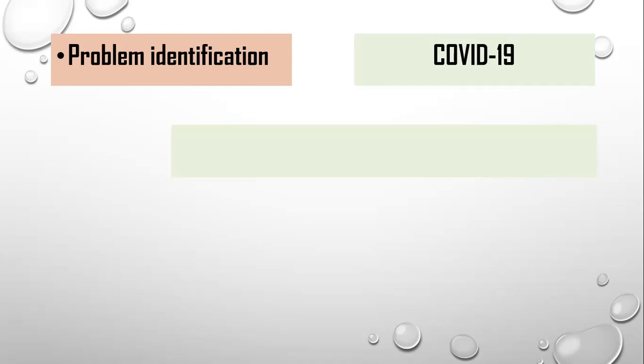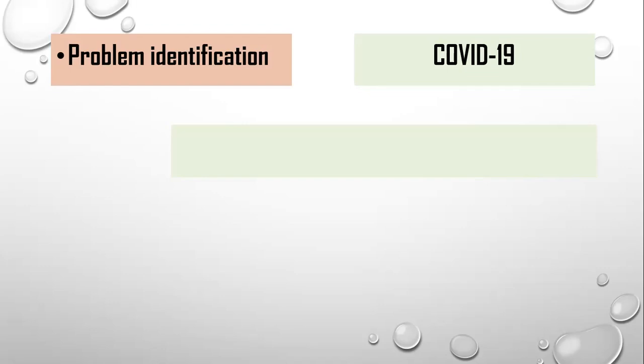So any issues related to COVID-19 will be allowed to be selected for research, and if a researcher selects any COVID-19 related issue for conducting research, then it will be accepted by the policymakers.